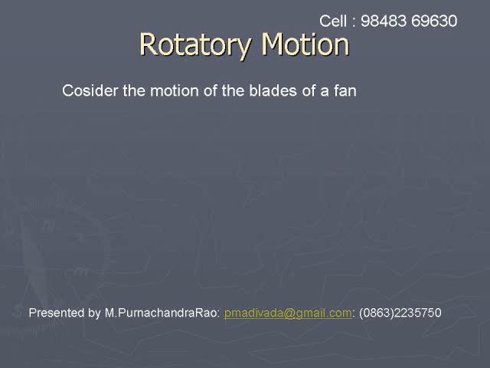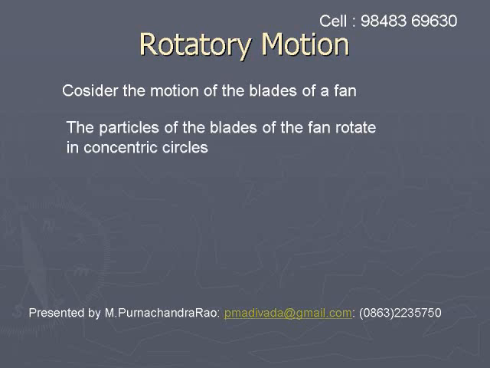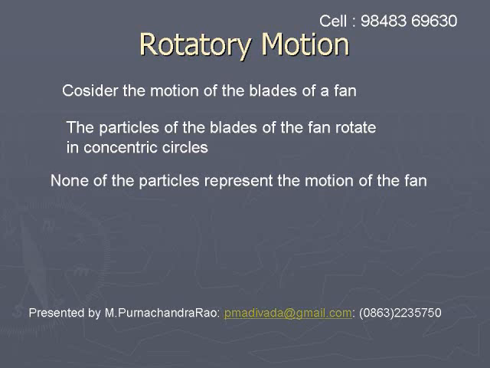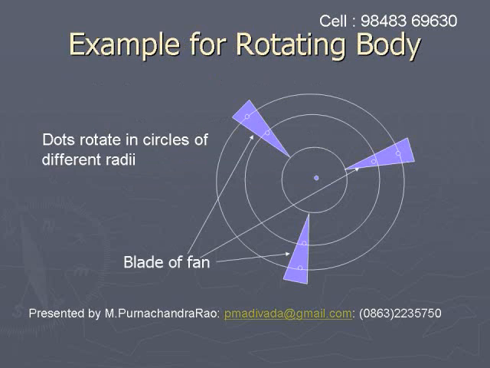Rotatory motion. If we observe the rotation of a fan, the particles of the blades of the fan rotate in circular orbits, different circular orbits. So, in this case, none of the particles represents the motion of the entire body. If the particles of a body rotate about an axis, the motion is called rotatory motion.